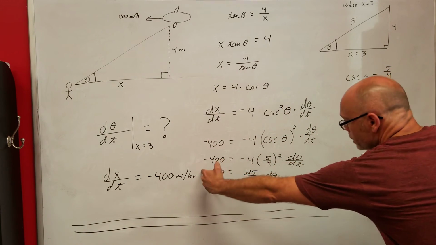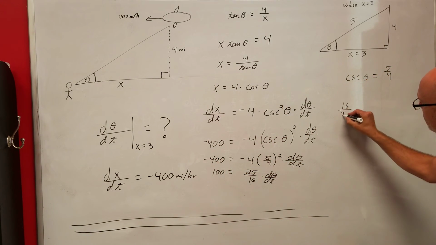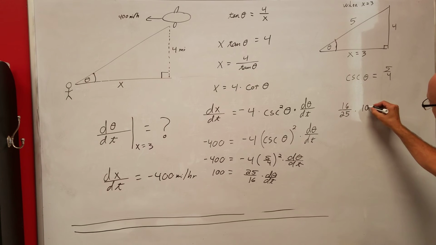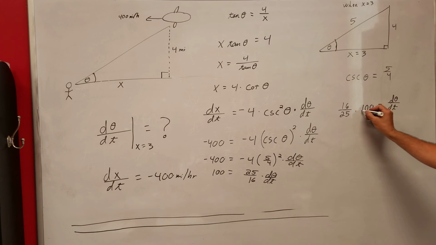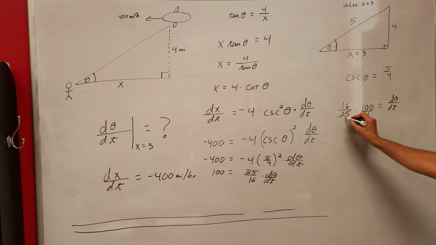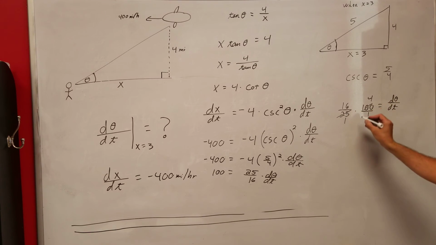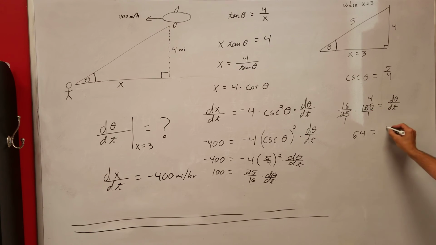So I'm going to take 16 over 25 times 100 is equal to d theta over dt. I can put that over 1, and that divides out. That leaves me a 4. So 16 times 4 is 64 is d theta over dt.